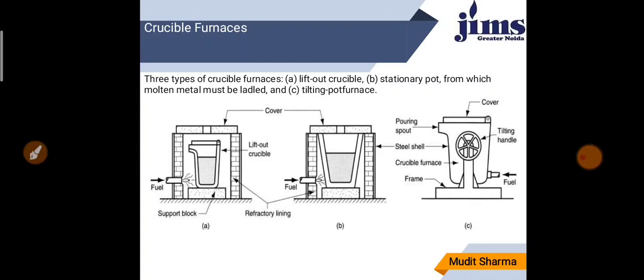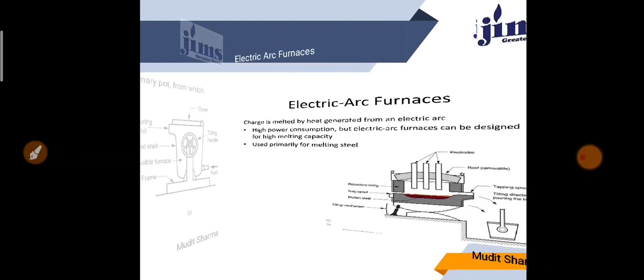That's why we call it a tilting crucible furnace. For metals of high melting point, clay crucibles are used, and for low melting point metals such as zinc base or aluminum, cast iron, etc. I hope you understand the crucible furnace.